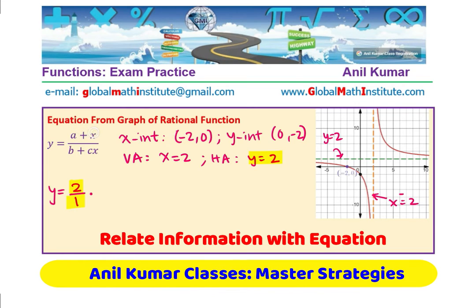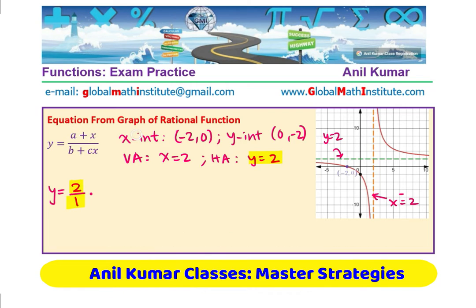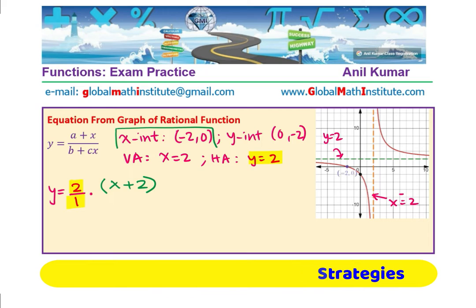That means one factor in the numerator should be 0 when x is minus 2, and that is possible only if we have x plus 2 in the numerator. So x plus 2 in the numerator will ensure that there is an x-intercept at minus 2. Make sense?